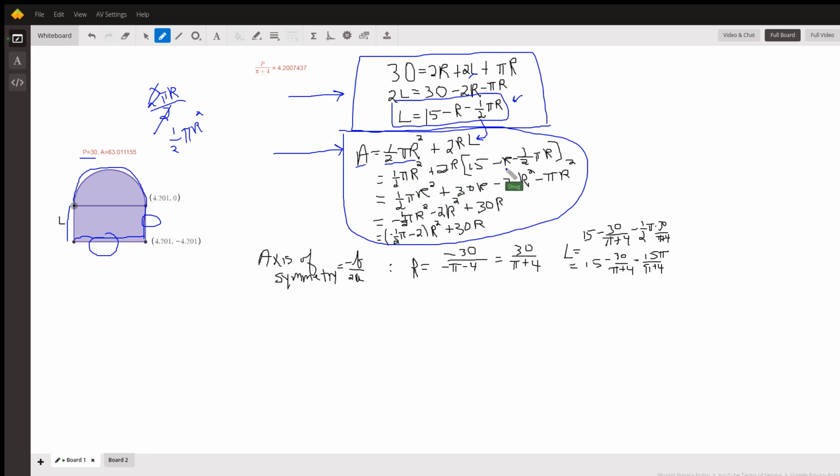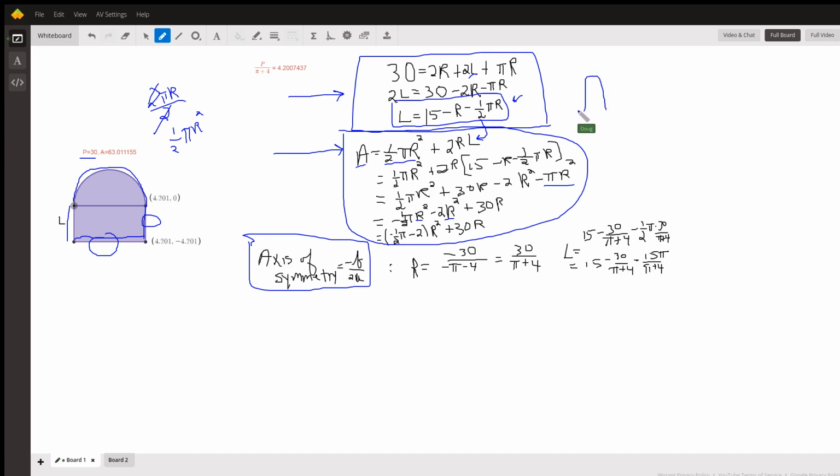So distribute the 2R, combine these similar terms, 1/2 pi r squared minus pi r squared is negative 1/2 pi r squared. And here I factored out the r squared from those first two terms so that you could see, normally this is a calculus problem, but since this is actually a quadratic function, you can picture it as a downward opening parabola.